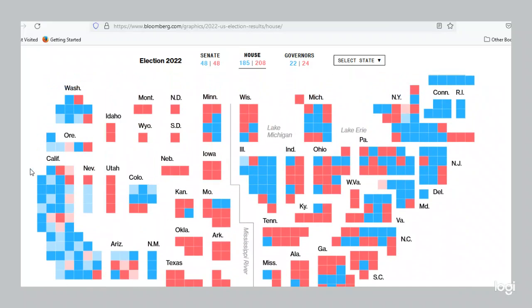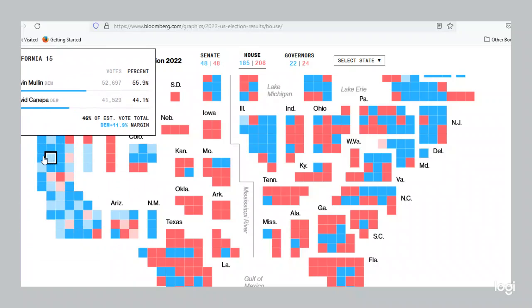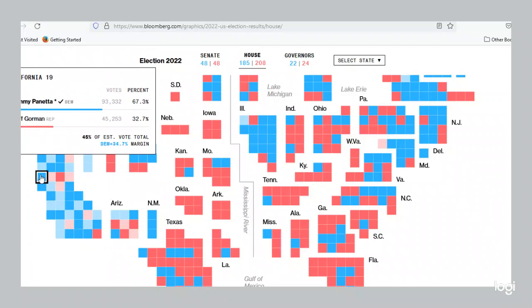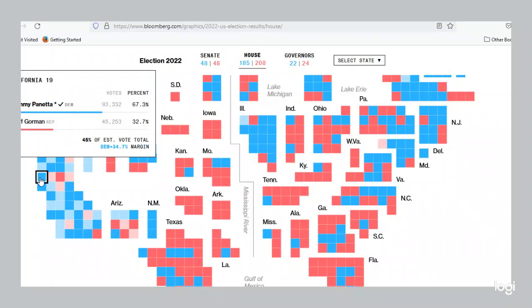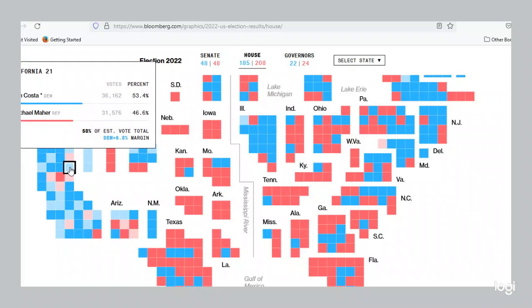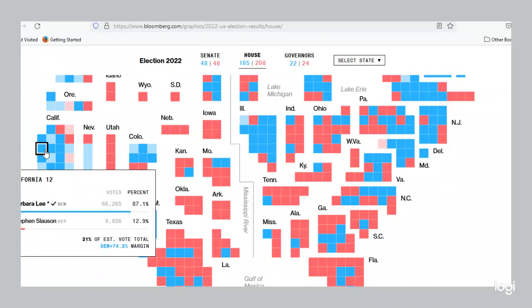So you have more representation for states with a higher population, but remember, these House representatives have to worry about shorter-term problems. So they're representing a smaller group of people, a smaller region, and they're focusing on more short-term problems.